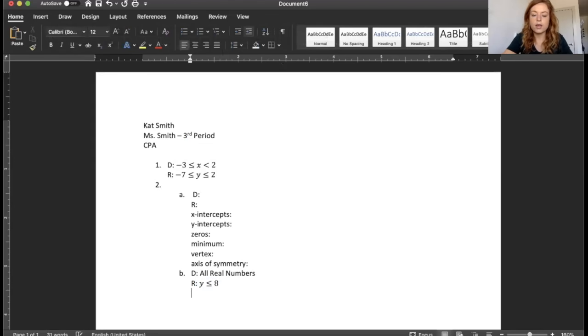Okay, and then I'm gonna put in my x-intercepts. You can use the equation tool for points, but you don't have to. We'll know what you're talking about. Okay, so then I had y-intercept, and zeros. I'm gonna rewrite those.